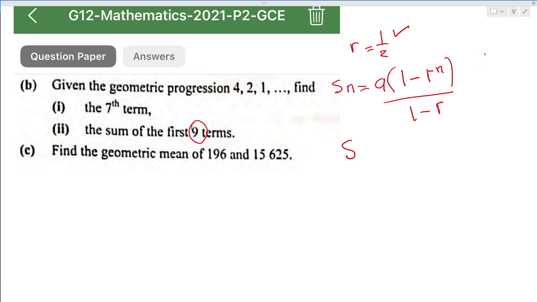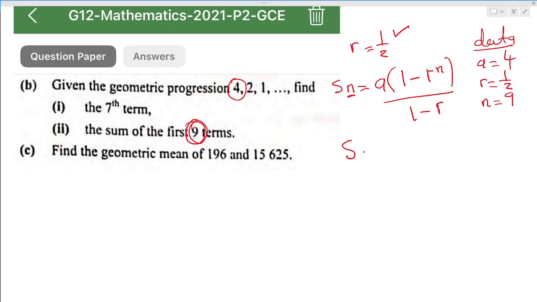Okay, so now here we need A, r, and n. What is our A? It's a 4. Okay, our r is 1 over 2. Our n, what is our n? We're asked to find the sum of the first 9 terms. So n becomes 9. So we plug them in.